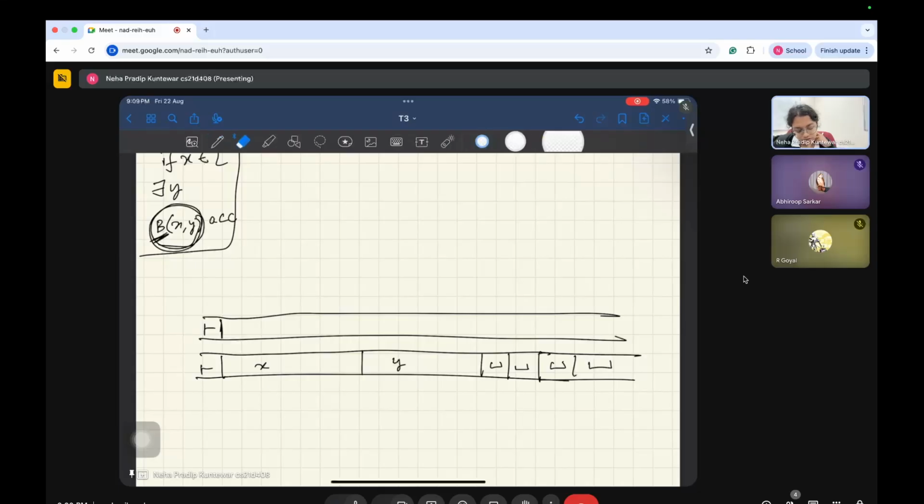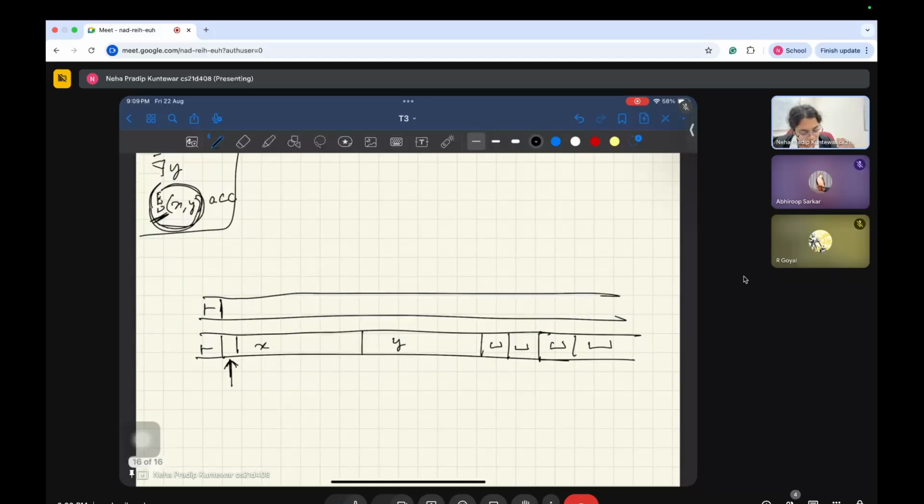Let's say this is the original content, x followed by y, that is what we have. Now the head is here at the moment, and what happens next depends on the transition function.